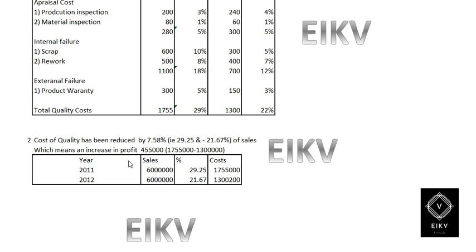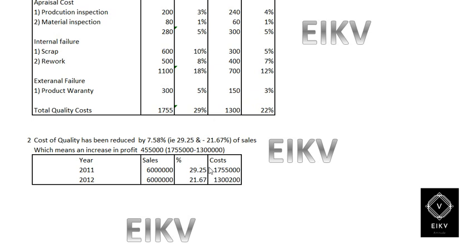For that I have created a table which contains year, sales, percentage and cost. First 2011 and 2012 sales as 60 lakh each, and we know that the quality cost of the year 2011 is 29%, and the quality cost of the year 2012 is 21.67%, which is taken from the above table.